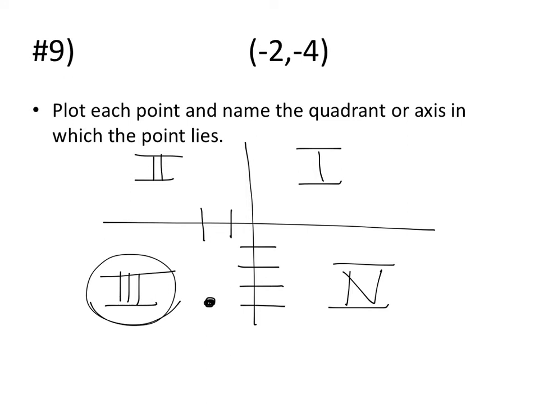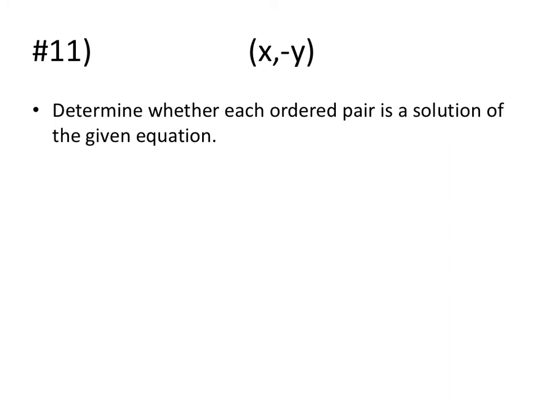Okay? Alright, here it says, given that x is a positive number and y is a positive number, determine the quadrant or axis in which each point lies. Alright, so here we have (x, -y). So if our first number is positive, that means we're going to go right, and then our y value is negative, that means we're going to go down, so we're going to end up in this quadrant.